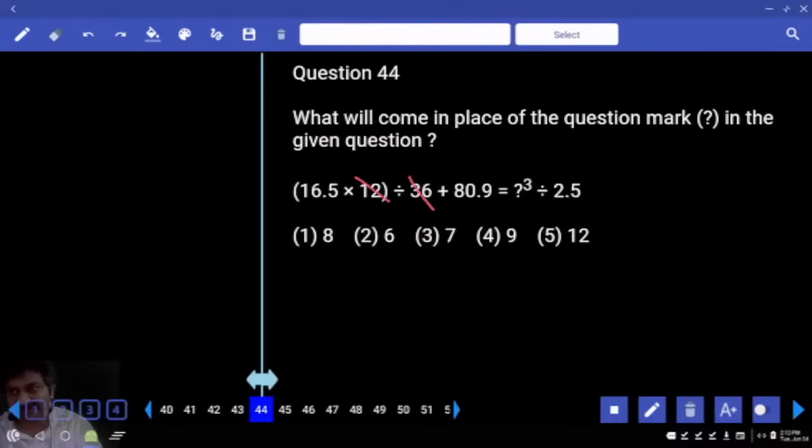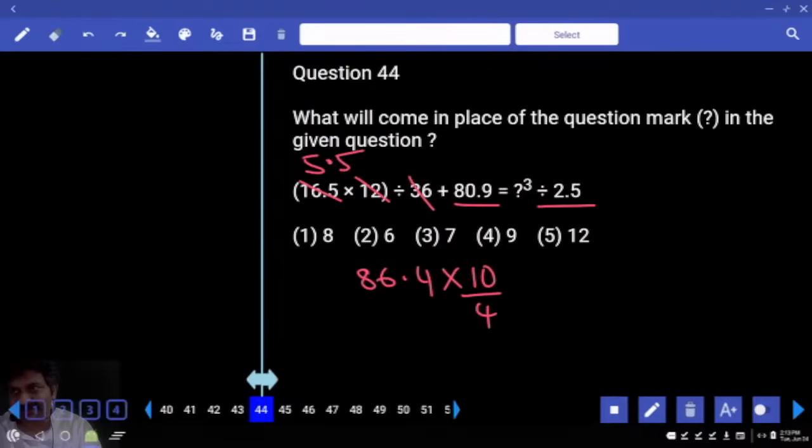Plus 80.9. 86.4 divided by 2.5 comes to the left hand side, becomes into 2.5. I'll write that as 10 by 4.